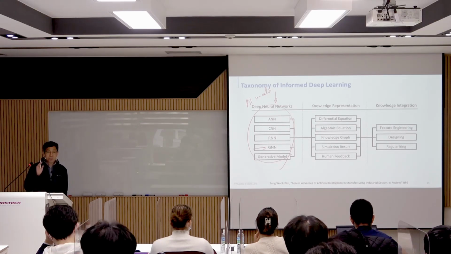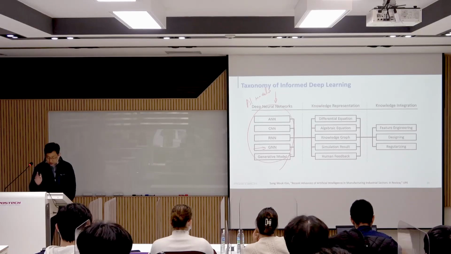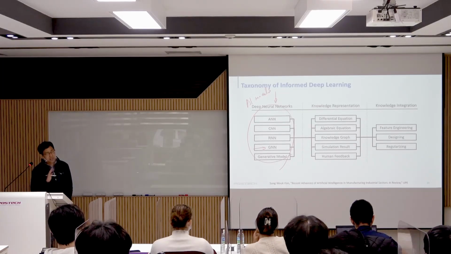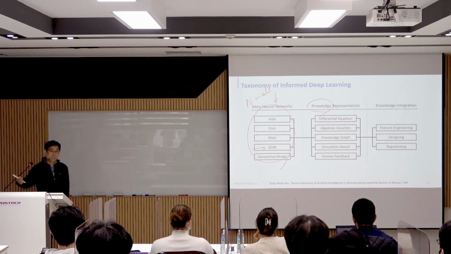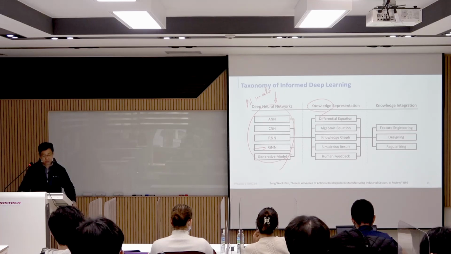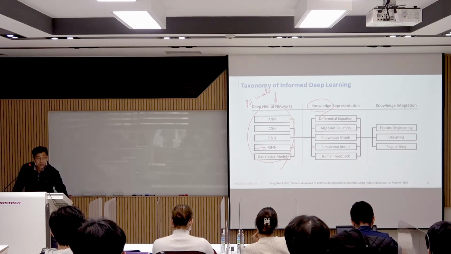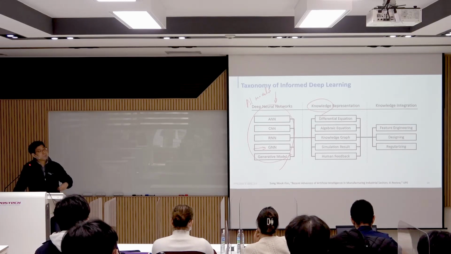I kept saying physics, physics, and physics, but actually physics doesn't represent all of it. It is basically prior knowledge, or some kind of knowledge outside of the data set. So I'm going to say knowledge representations. What kind of knowledge representation is it? The first thing is differential equations.